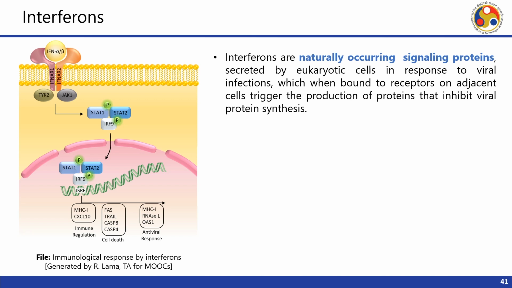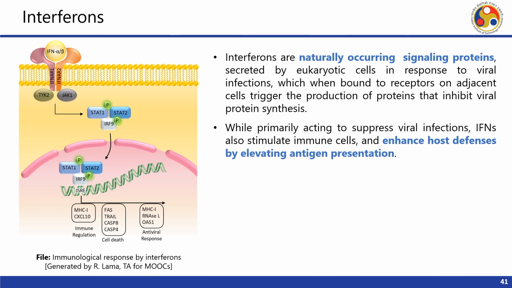Let us now go for discussing the interferons, which are naturally occurring signaling proteins secreted by eukaryotic cells in response to viral infections, which when bound to receptors on adjacent cells trigger the production of proteins that inhibit viral protein synthesis.